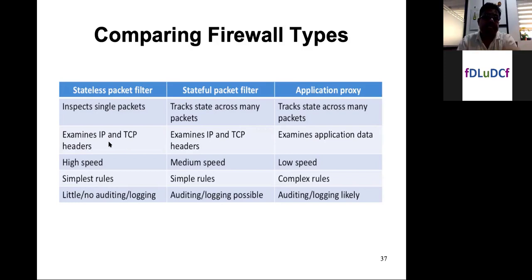Both the first two examine IP and TCP headers, because both are packet filtering, and the application level one can examine the application data because the decision is taken at the application layer. Since the stateless one only works in the TCP/IP layer, it's high speed, and since the stateful one has to maintain state, it's a little bit slower, a medium speed.